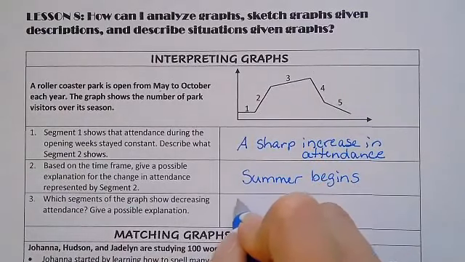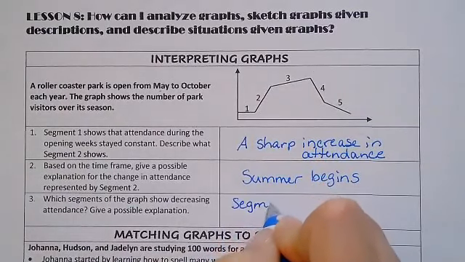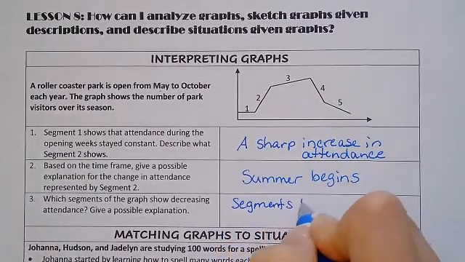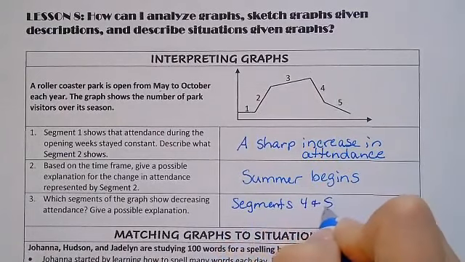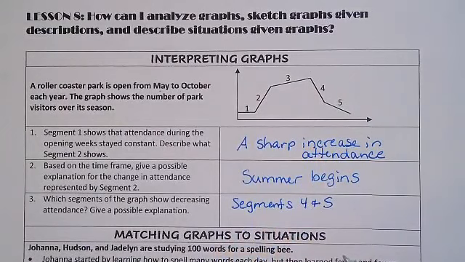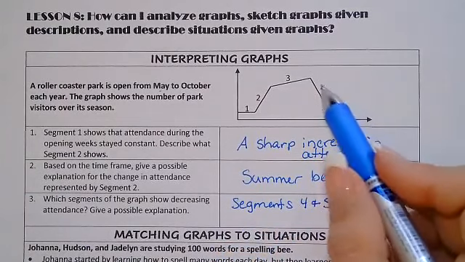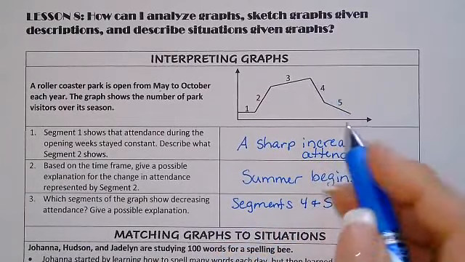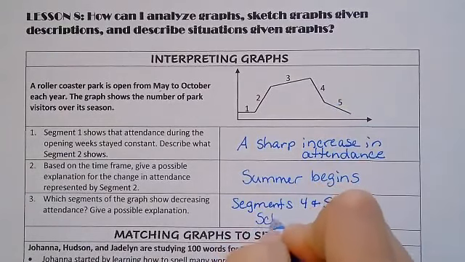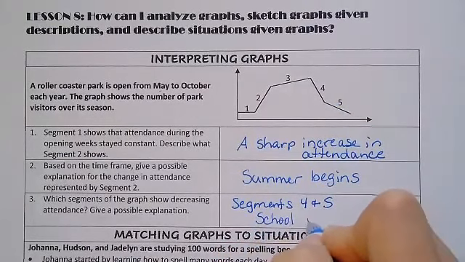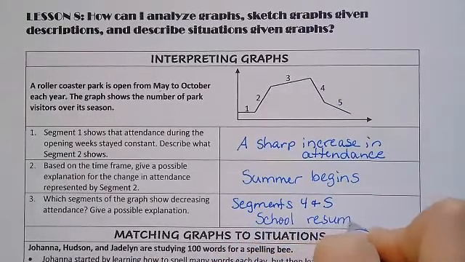So segments 4 and 5 are showing a decrease in attendance. Again, a possible explanation is school has resumed. Summer's over.